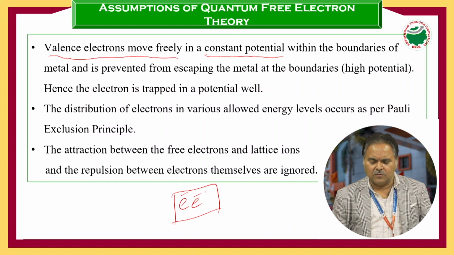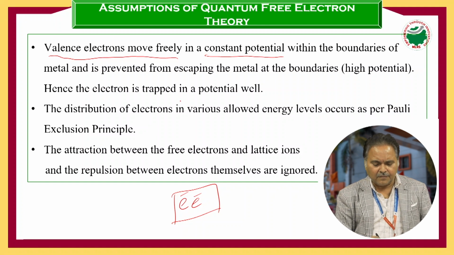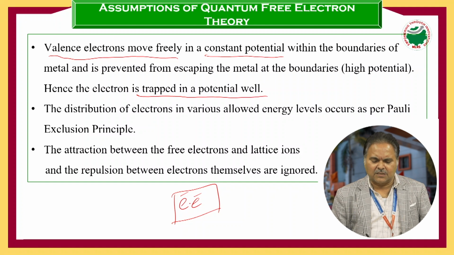It will not go from one place to another place. Inside the boundary, the electrons move with a constant potential. So it won't escape from that boundary condition. That means it is nothing but trapped in a potential well, because the constant potential is there. It is not going outside, so the electron is trapped inside the lattice.